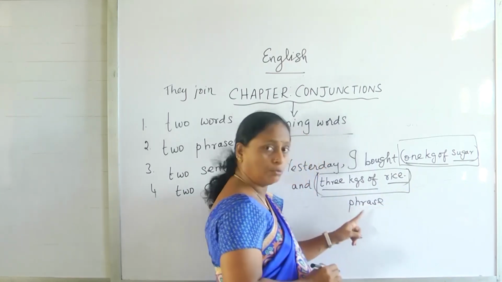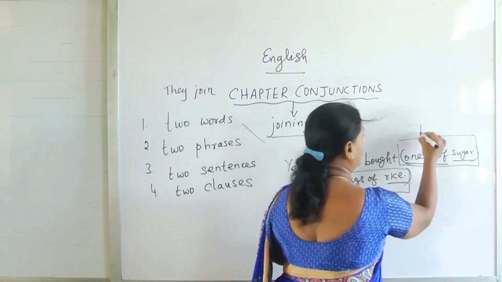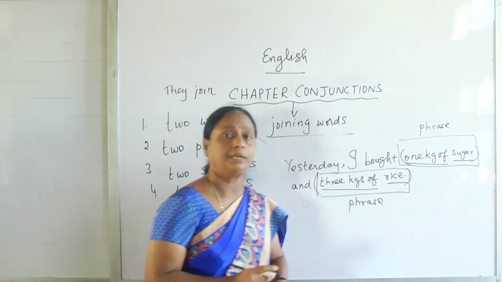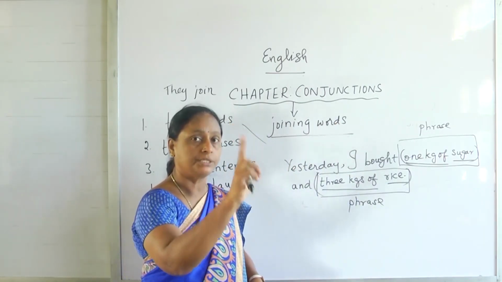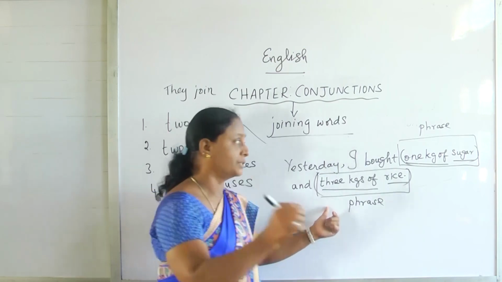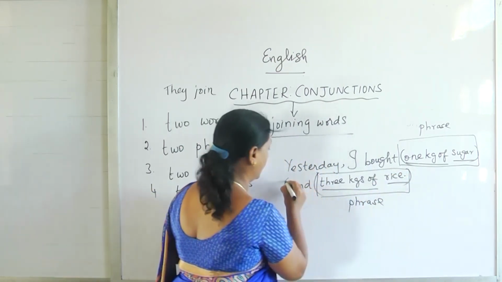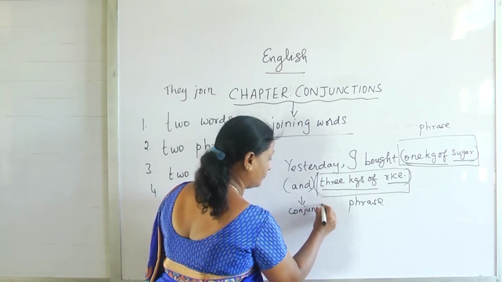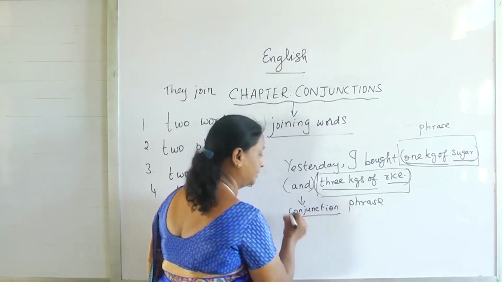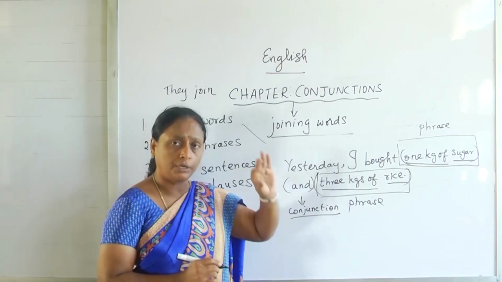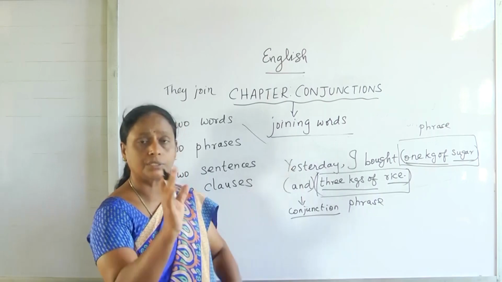So I have mentioned one phrase here and another phrase here. So totally how many phrases have I written? 2 phrases I have mentioned in my sentence and I have used one conjunction. See here? This "and" is a conjunction. You may ask me a question, whether only this "and" alone is the conjunction.